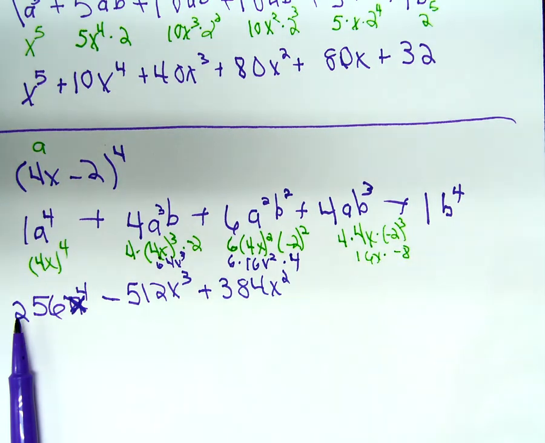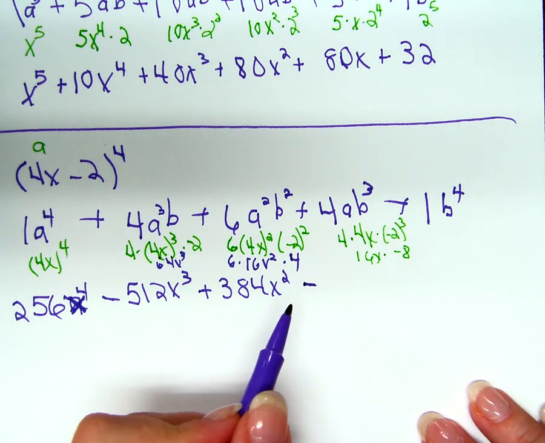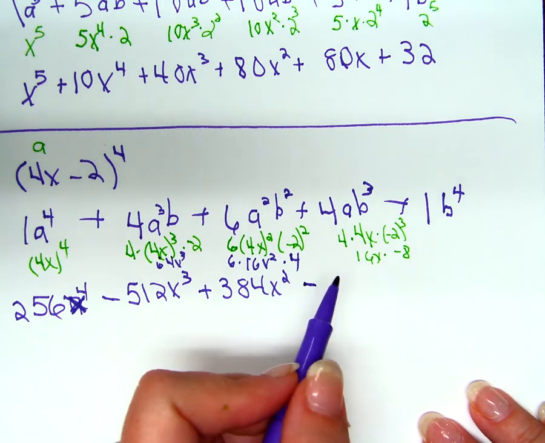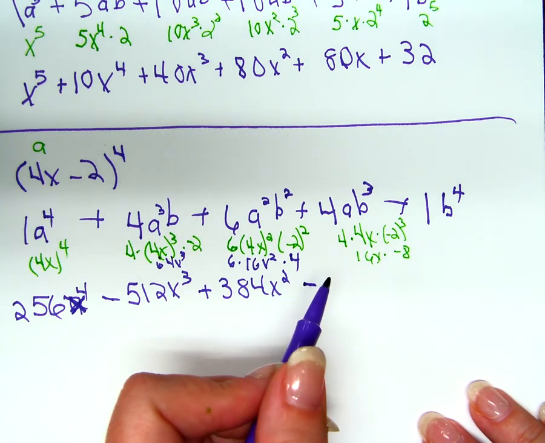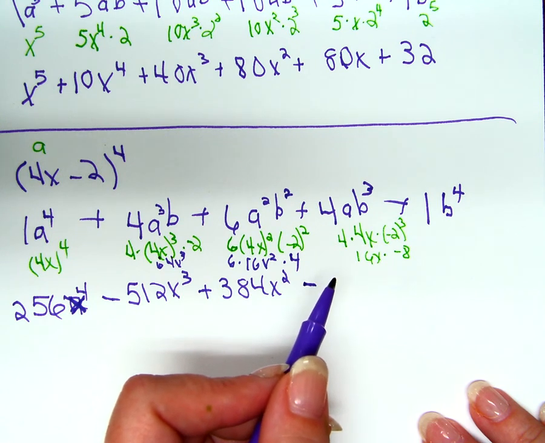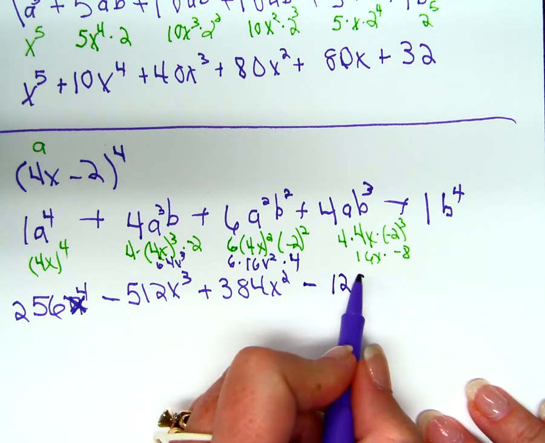It's negative 8, guys. Negative 2 times negative 2 is positive 4. Positive 4 times negative 2, negative 8, right? So what is 16 times negative 8? Say again, please. Thank you.